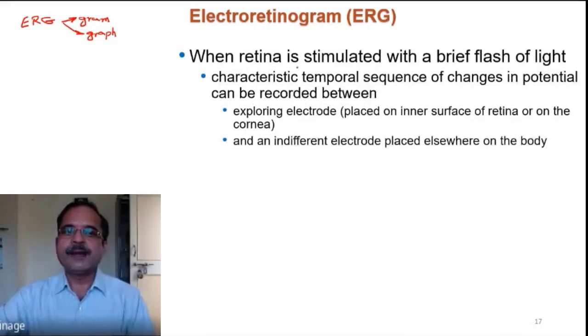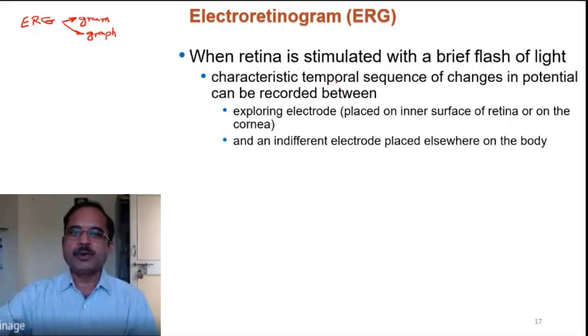Okay, so when the retina is stimulated, in this case with a brief flash of light, it produces a sequence of changes in potential, which can be recorded between an exploring electrode and a different electrode placed elsewhere on the body. The exploring electrode is placed on the inner surface of the retina or on the cornea.